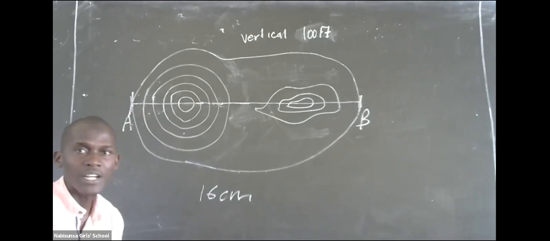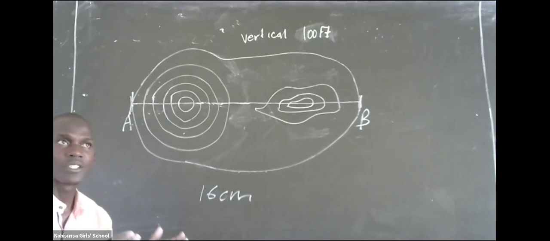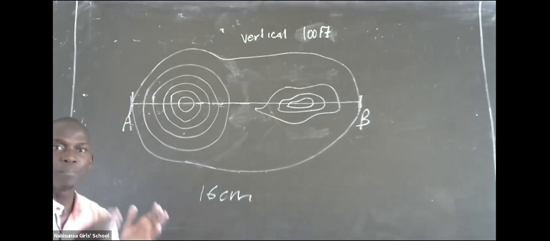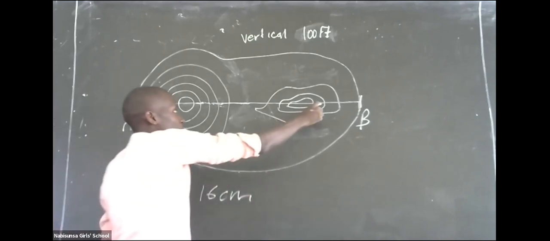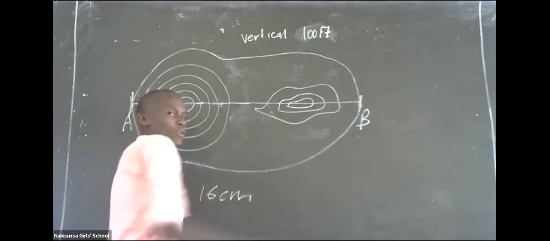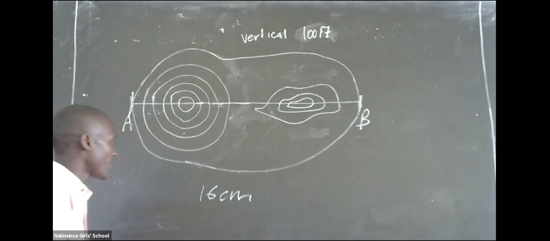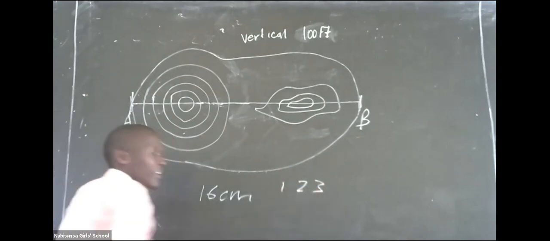Yes, Jordana. The vertical interval is the space between each contour. It is the difference between the closest contours. Like for example, number 1, number 2, number 3.